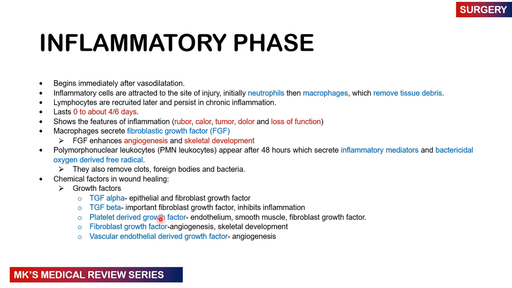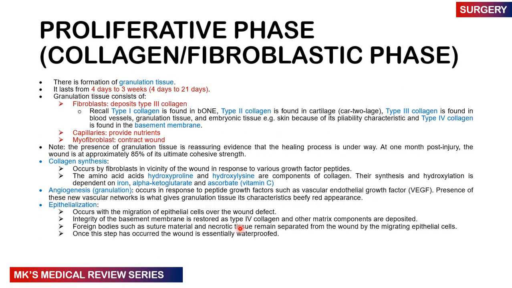So this is, of course, derived from the endothelium, the smooth muscles, and it's also a fibroblast growth factor. Then the fibroblast growth factor stimulates angiogenesis and skeletal development, and the vascular endothelial growth factor is pretty much needed for angiogenesis. Then you get into the next stage, because you're producing all of these cytokines that are supposed to stimulate these cells to now replace the tissue that was damaged.